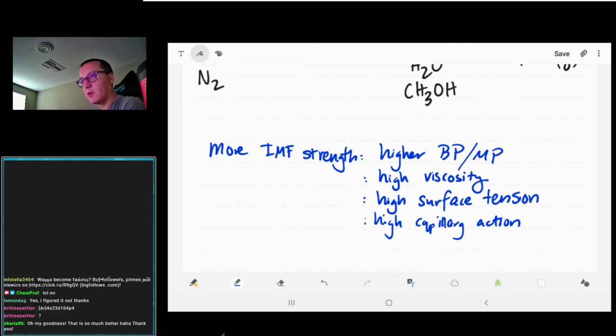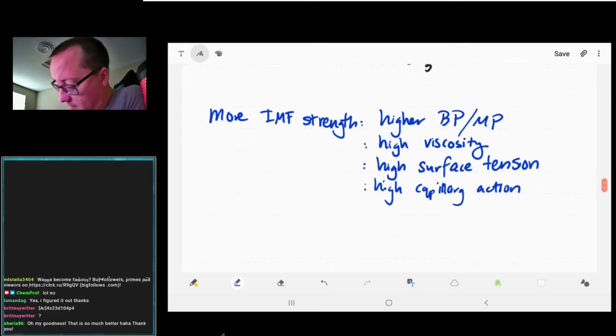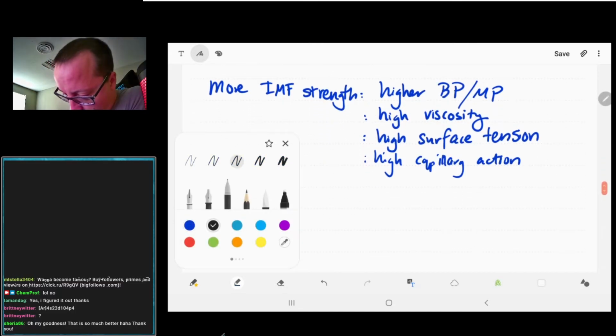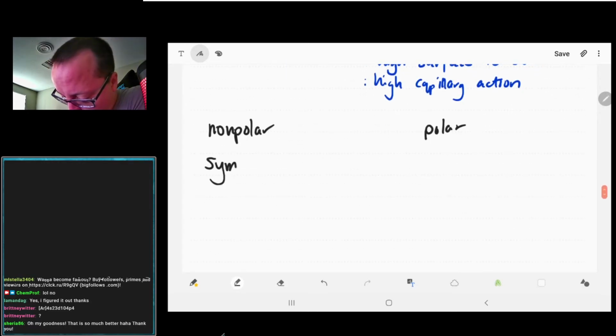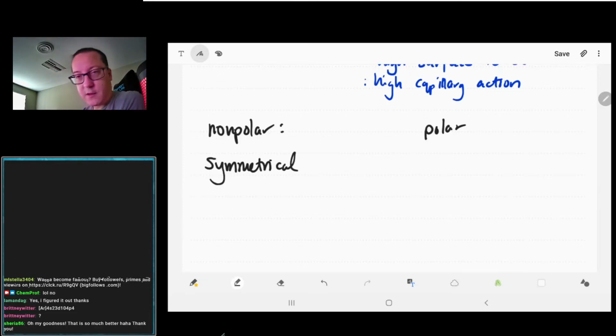I feel like we should probably touch on this as well. Remember, if you're looking at a molecule, if it's going to be non-polar, you're looking for something completely symmetrical. If it's polar, it is asymmetrical, when you're looking at the Lewis structure.